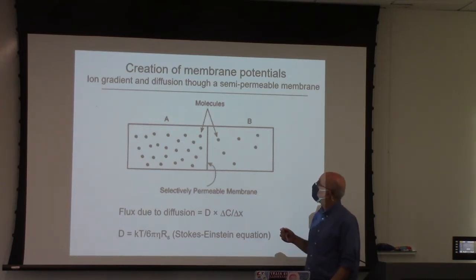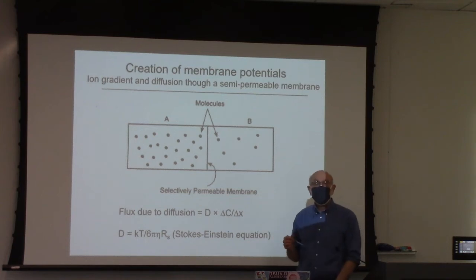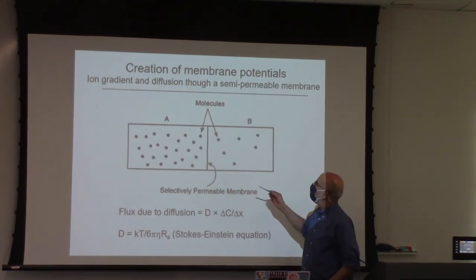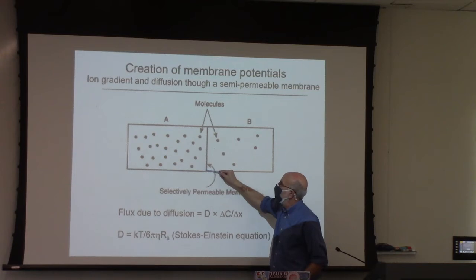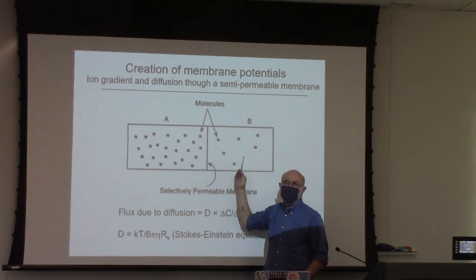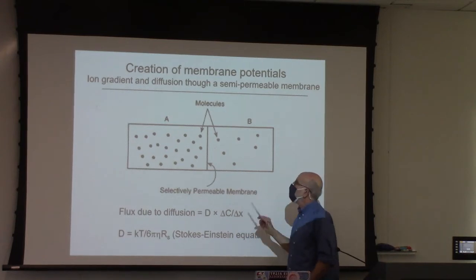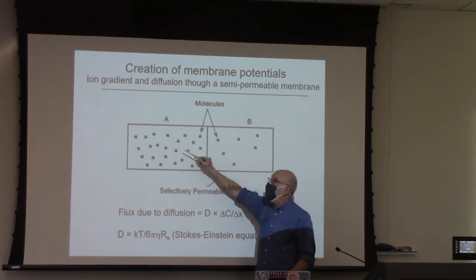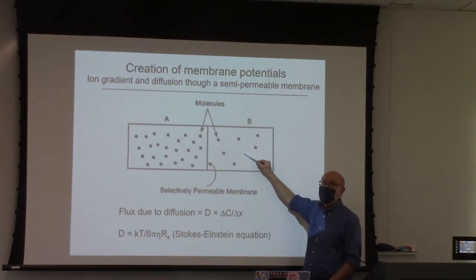So, creation of membrane potentials. Generally, and then we'll get specific. So here's a cartoon of a membrane separating two compartments with a solute on both sides. Let's call this compartment the inside and this compartment the outside.